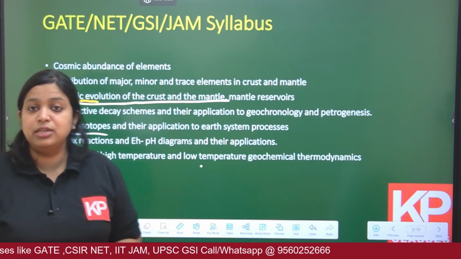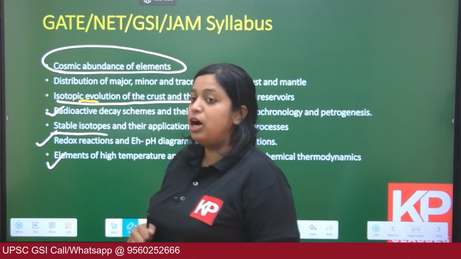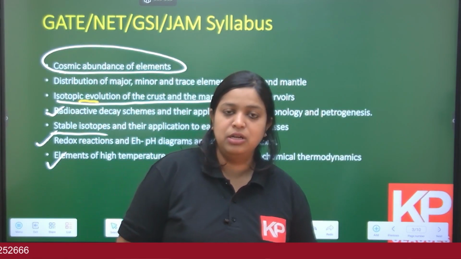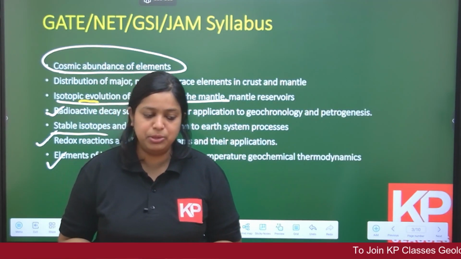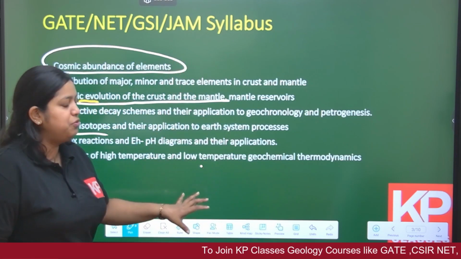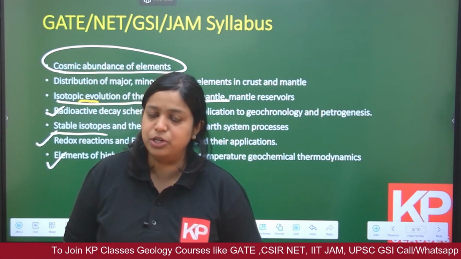In NET, even the cosmic abundance of elements is important. You should know the abundance of elements present on the earth and in the universe. So the whole topic is actually very important for all the competitive exams. Geochemistry is a very important topic.